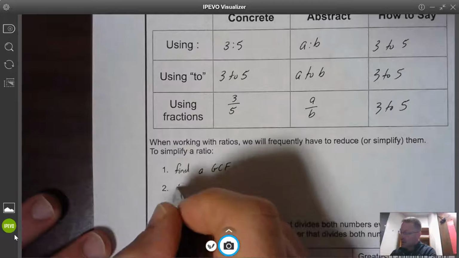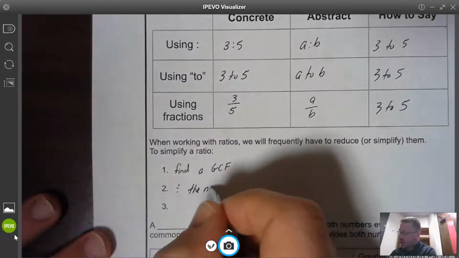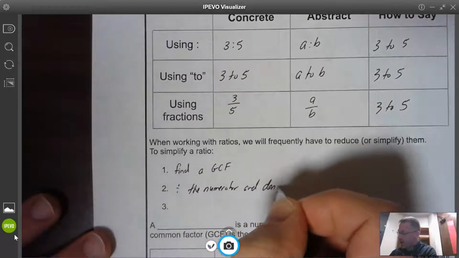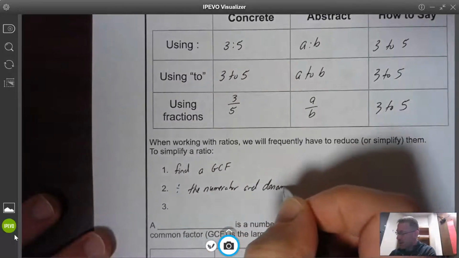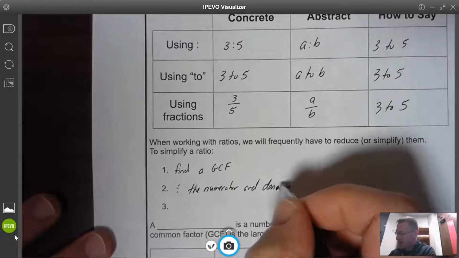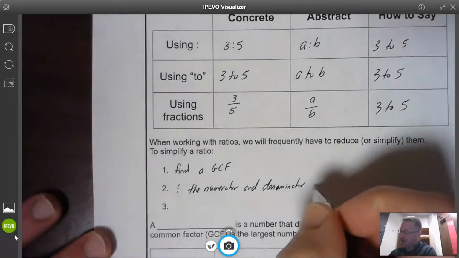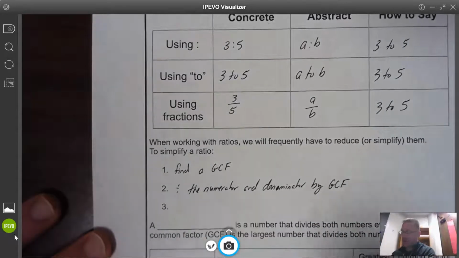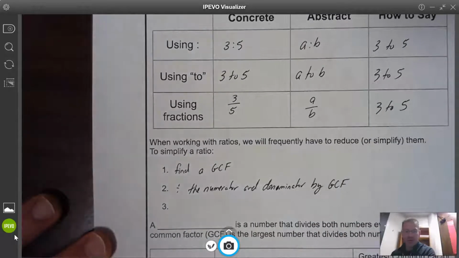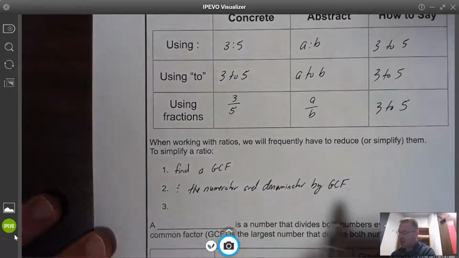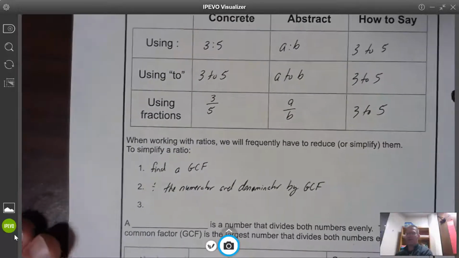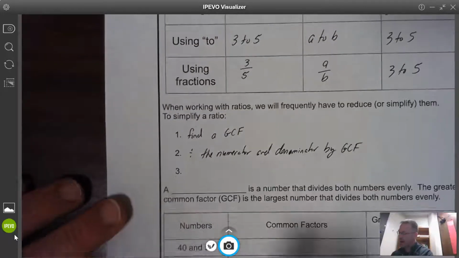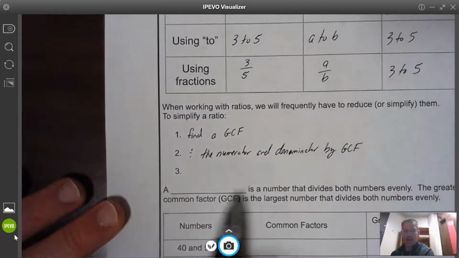And then we're just going to divide the numerator and denominator by the GCF. So find your GCF, divide the numerator and denominator by the GCF, and then that's going to put your ratio into lowest terms.